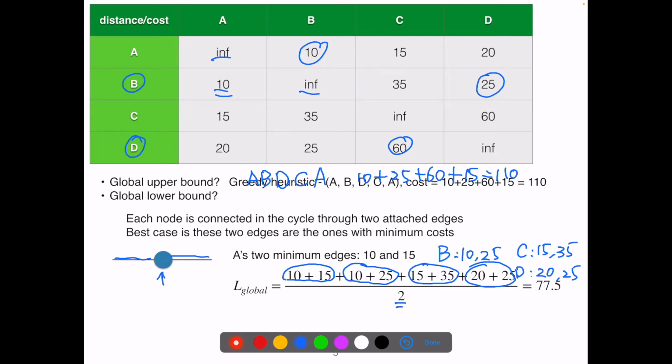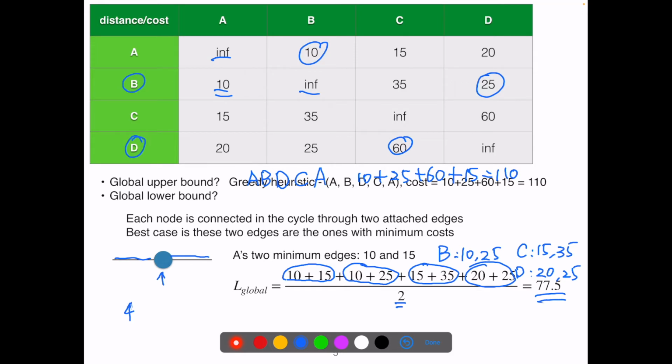Why divided by 2? Because we have counted each edge twice. We only have 4 cities, so we only need 4 edges. Now we have 8 edges, so we need to divide the sum by 2. 77.5, that'll be the global lower bound.